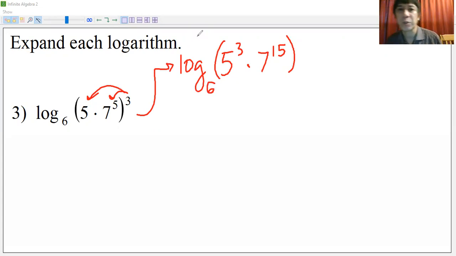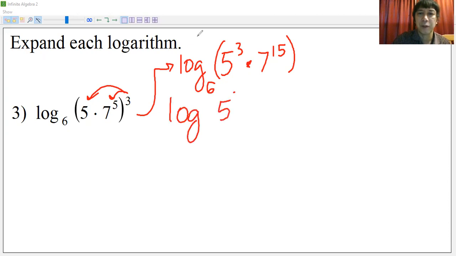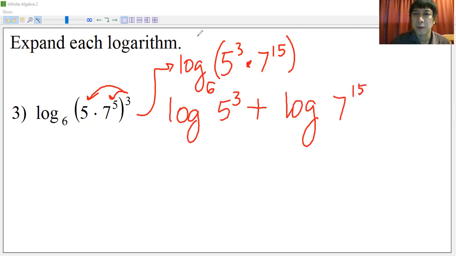So this is a product. You can see the dot there. So this is now equivalent to logarithm 5 to the 3 plus logarithm 7 to the 15, and these are both base 6.